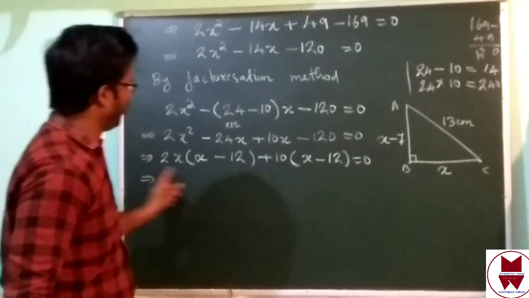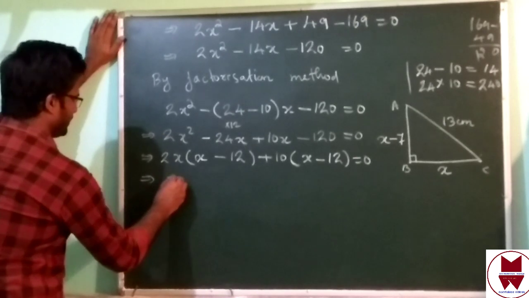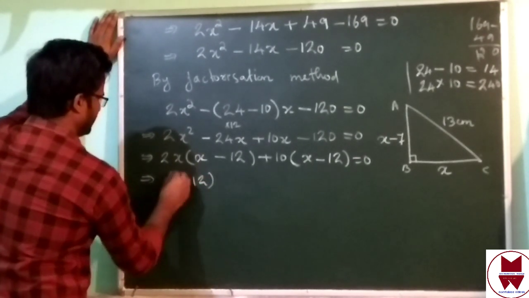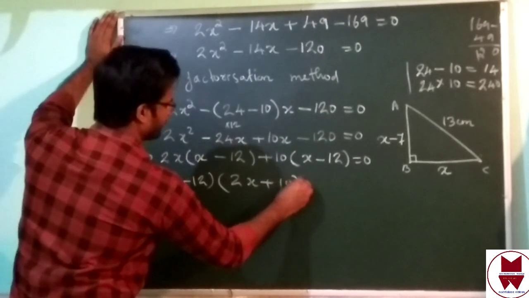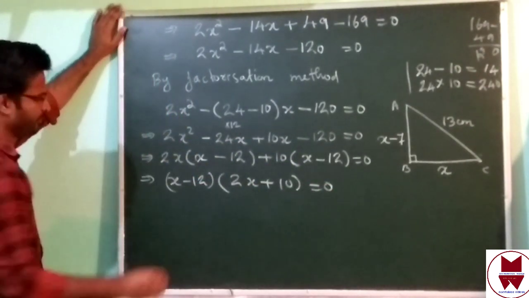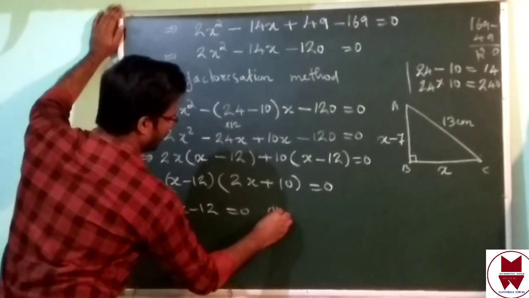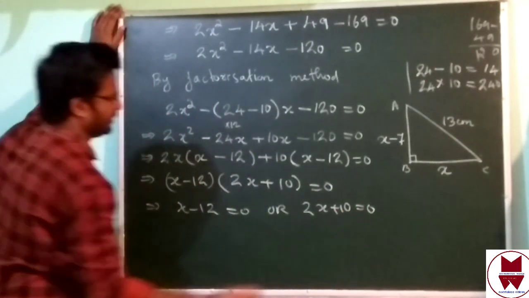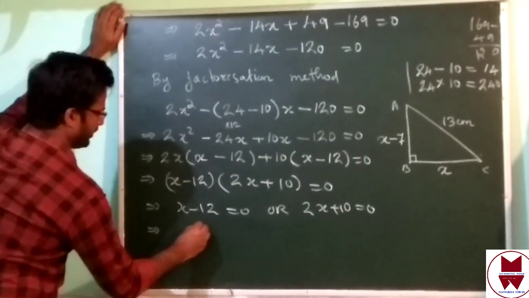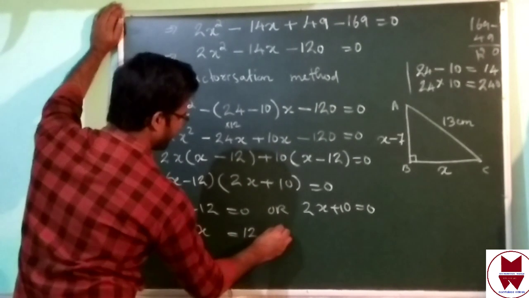Then all total, what is common? x minus 12, and here also x minus 12. Take outside. Then remaining 2x plus, in here remaining 10 equal to 0. x minus 12 equal to 0, or 2x plus 10 equal to 0. x equal to minus 12, bring to right side, that will be plus 12.